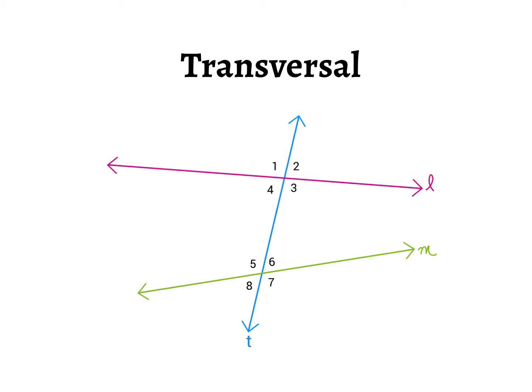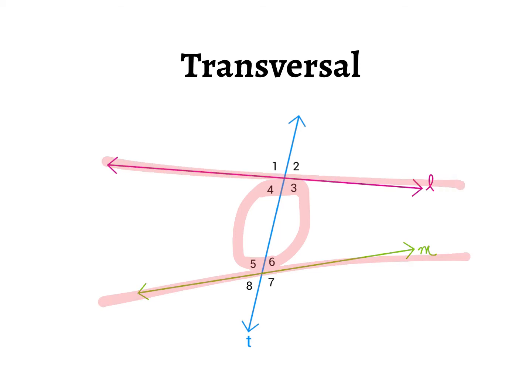If we're saying angles are on the inside, now we're going to be looking at these 2 lines that you see here, line L and line M. When we say that we're talking about the angles inside, we're talking about the angles inside these 2 lines. So these 4 angles here, notice how they're inside the lines. They're between the lines.